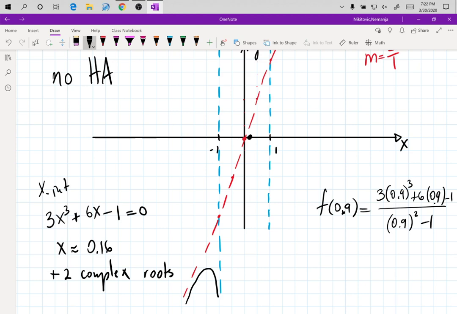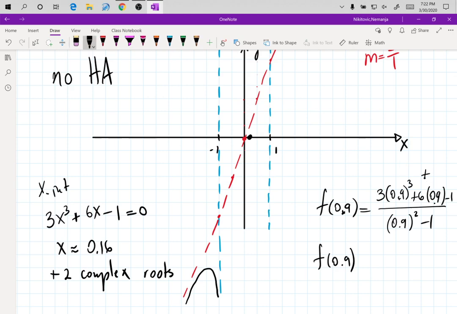So this is going to give us a negative number. I just know that because 0.9 cubed times 3 is a large positive, and then it gets even more positive, and subtracting 1 from it is not going to make it enough, right?